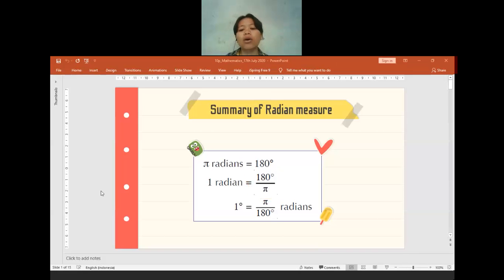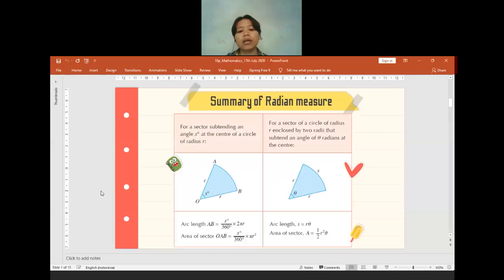If no one gets confused, this is about the radian measure. Last time we already found the arc length and also sector area. To find the arc length and sector area, there will be a different formula depending on what unit the angle is given. On the left side, the angle is given in degree unit.